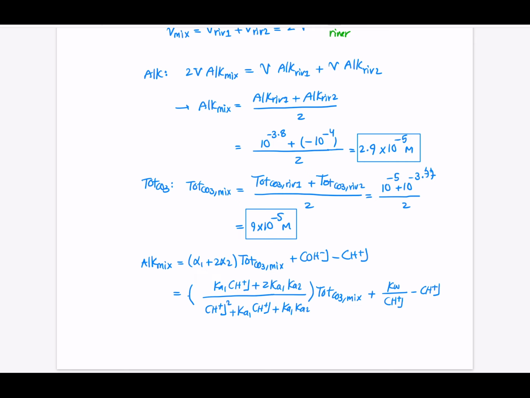And this is a sort of weird one equation, one unknown, certainly non-linear. The only unknown is basically this H plus term.